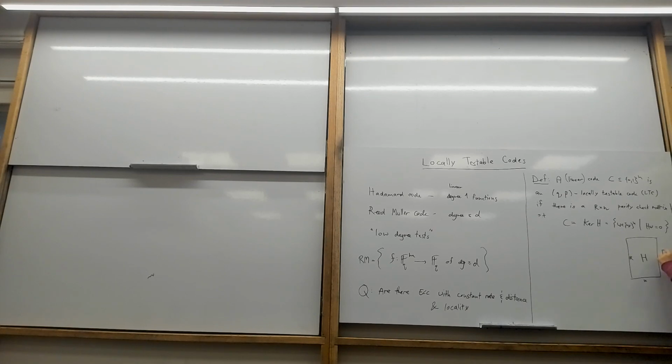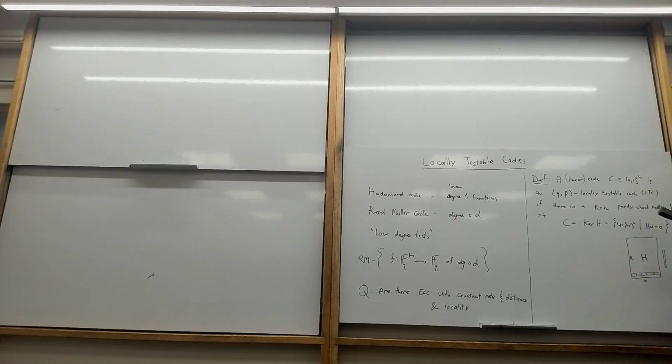So W is an n-bit string. I multiply it, I need to get 0. So it means really that I'm thinking of every row in this matrix as a constraint. When I do this matrix multiplication, I put W on every one of the rows, and if I have ones here and zeros everywhere else, then I need to read these bits in W, XOR them, and see that it's 0.